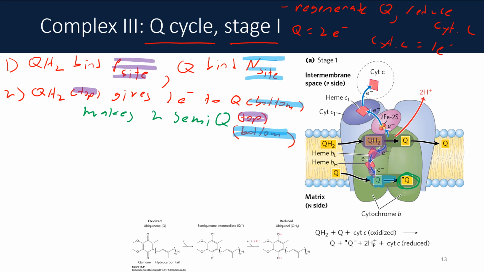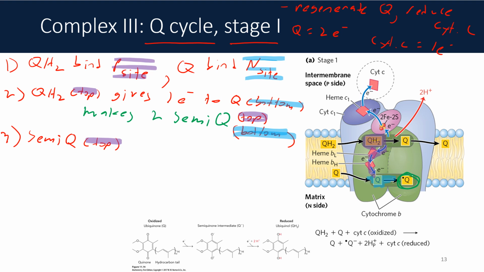Now, step 3. The top semiquinone, which is in the purple place, that's the one that used to be QH2.